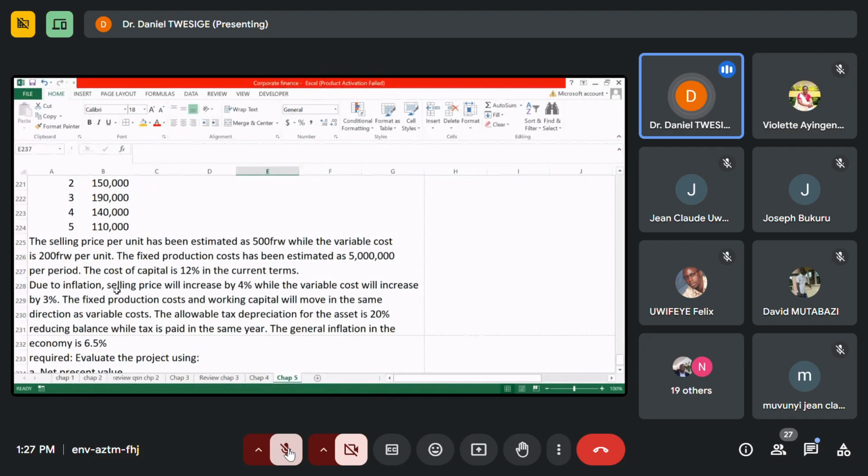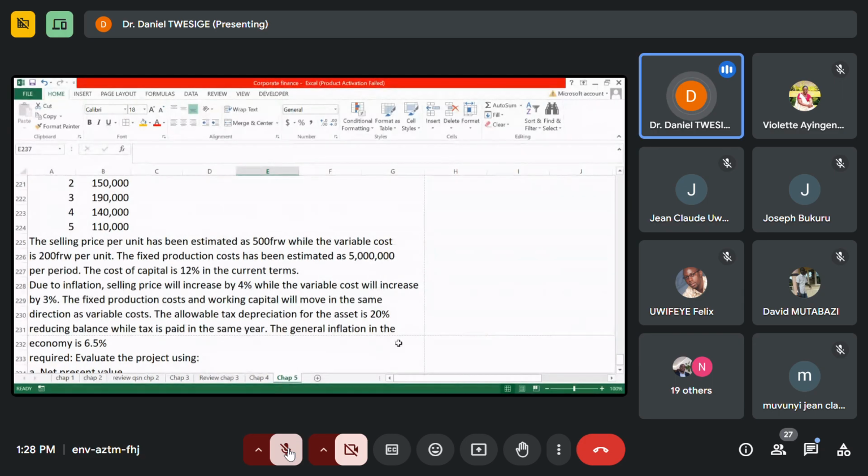Due to inflation, the selling price will increase by 4%, while the variable cost will increase by 3%. Fixed production costs and working capital will move in the same direction as the variable costs. The allowable tax depreciation for the asset is 20%, reducing balance, while tax is paid in the same year.